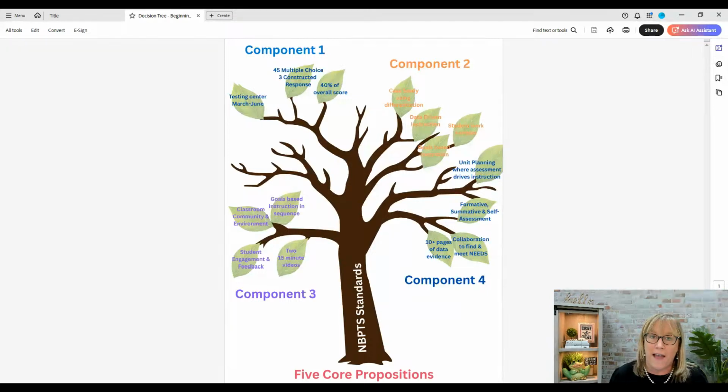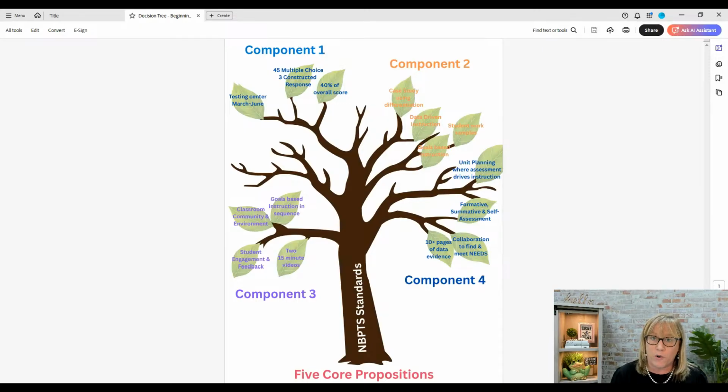Those are also found on the Candidate Center page that I just sent you to with NBPTS.org. Those 5 core propositions are what binds together the National Board Certification process for teachers. And from those 5 core propositions, the NBPTS standards were developed for your area. So notice the trunk of this tree is holding everything strong, with the roots being the 5 core propositions.